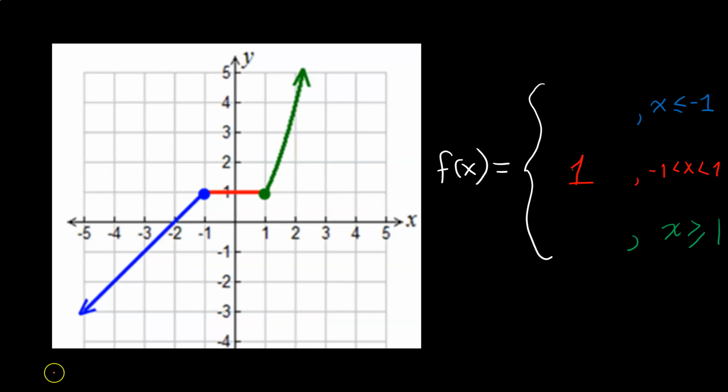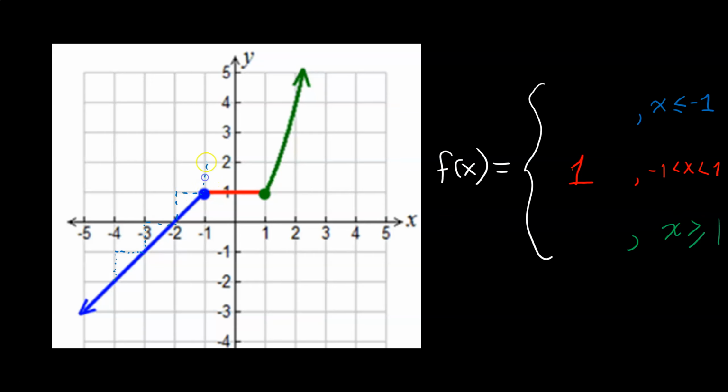For the blue piece, we will have to find the equation of this blue line. And if you notice, the slope is up 1 over 1, up 1 over 1, up 1 over 1.